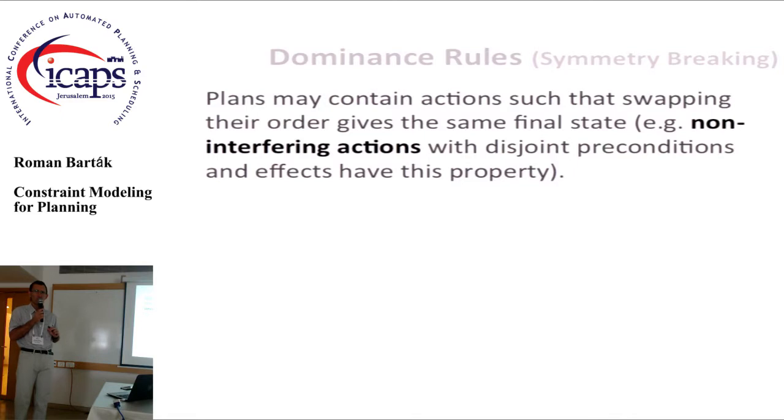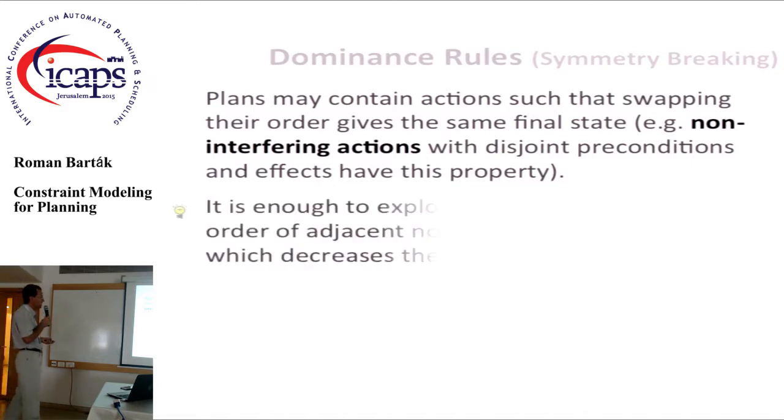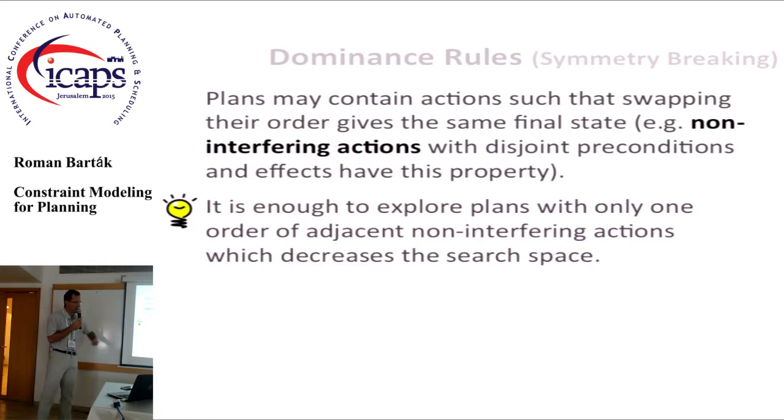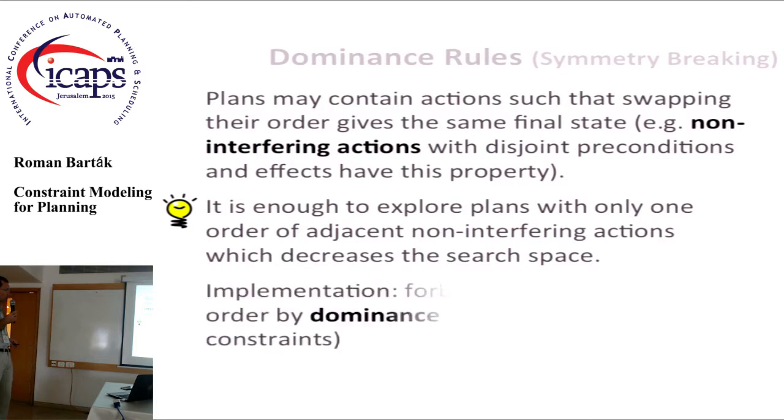We say if we have these two actions in a sequence, explore just this order and don't try the other order because it will be the same. We again model this property using table constraints that say which pairs of actions can follow each other in the plan.